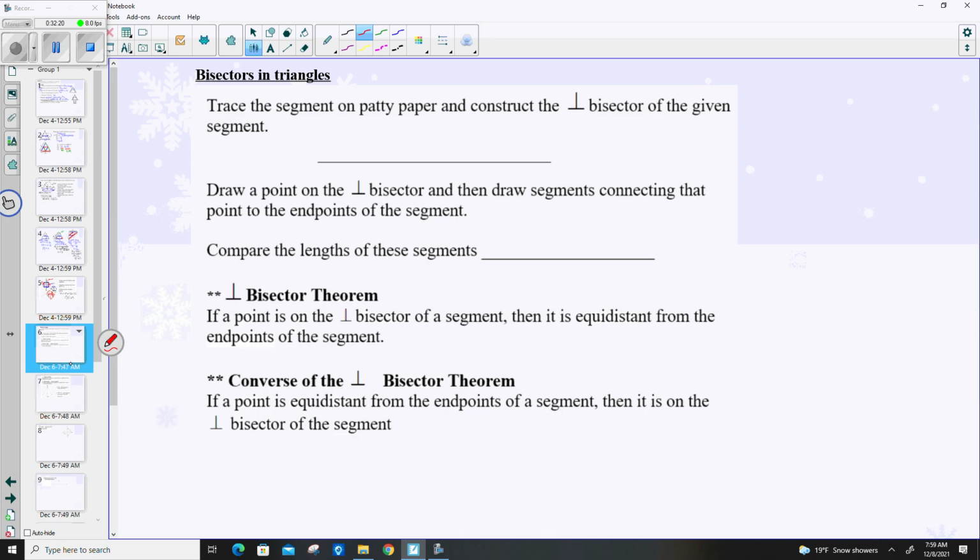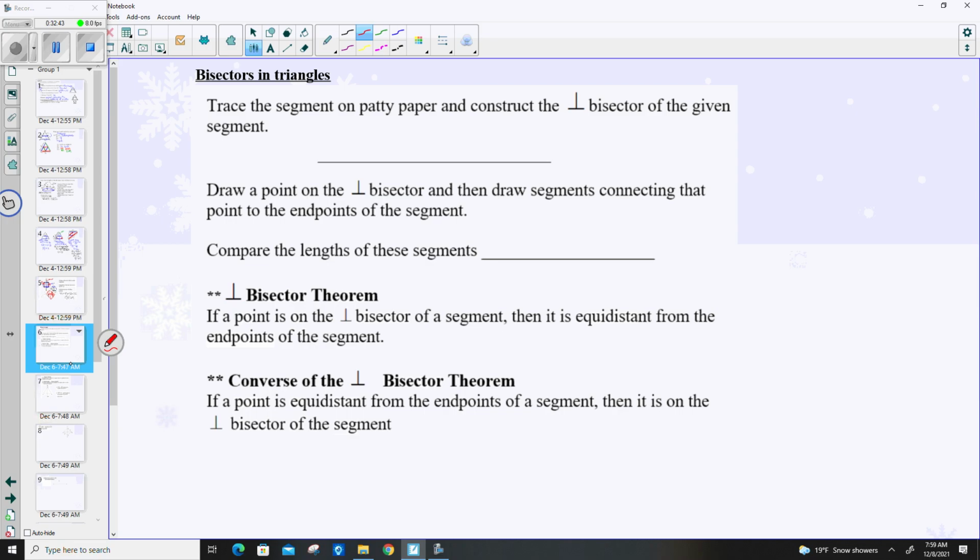So I'm taking the upper left-hand corner, I'm placing it over the segment at the top of the page and just tracing that segment on the patty paper. Just copy that segment on. Upper left-hand corner of the patty paper. Just trace that for me.